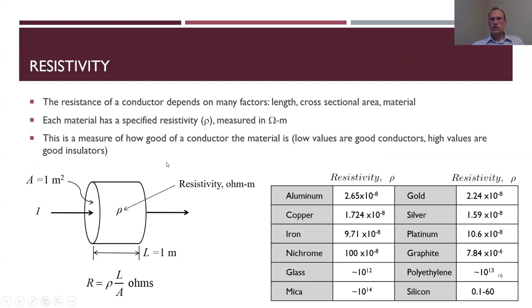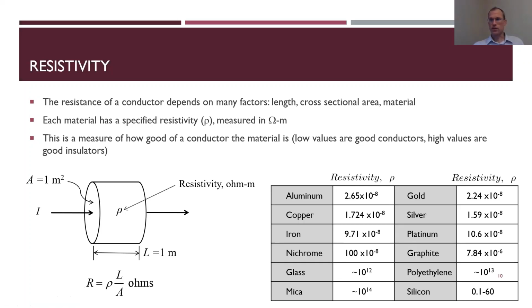Now the resistance is basically related to three things. If I have electrons in a certain object, usually we have the object as a cylinder because wires are generally cylindrical, and resistors are generally roughly cylindrical too. So resistance is related to the resistivity, which is basically a measure for the material itself.